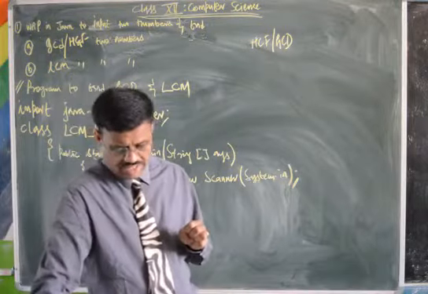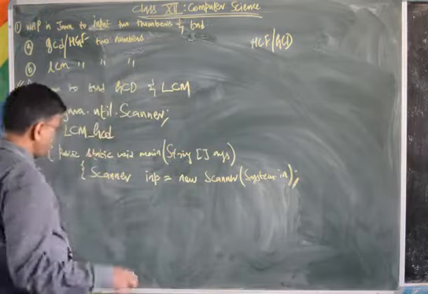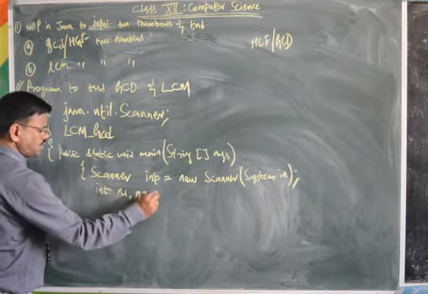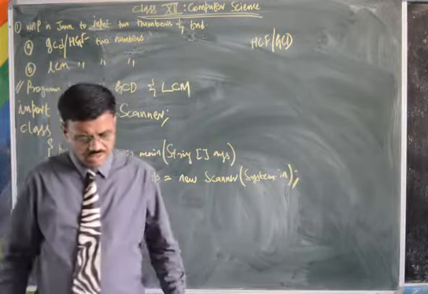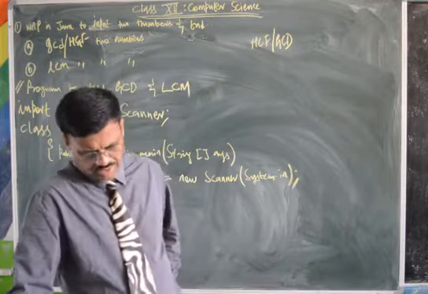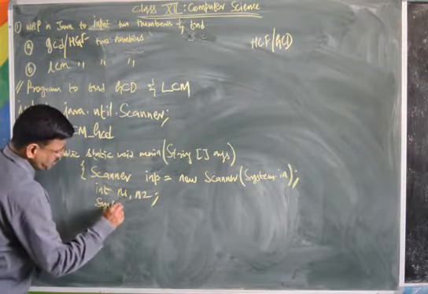With the help of this INP, I have to input two numbers. Let's say both the numbers happen to be N1 and N2. Both of them are integer numbers. The moment they are integer numbers, let me input them. Why do I give this?